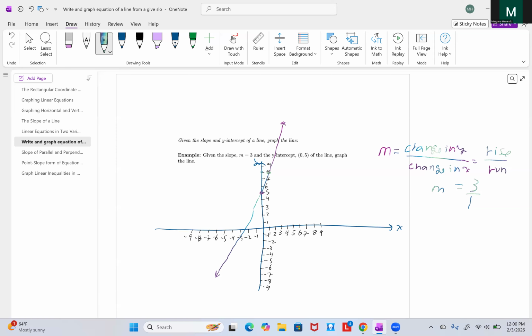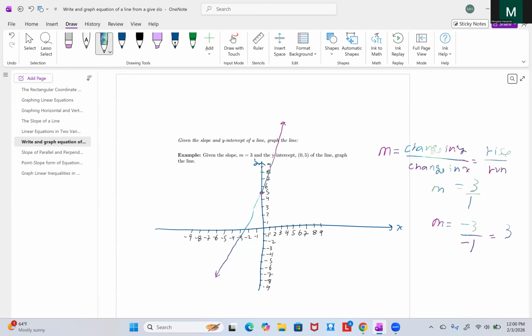Now, for the slope, we could have used negative numbers. Since the slope is positive, if the numerator and the denominator are both negative, this is also positive 3. So we could have gone down vertically in the negative direction on the rise.